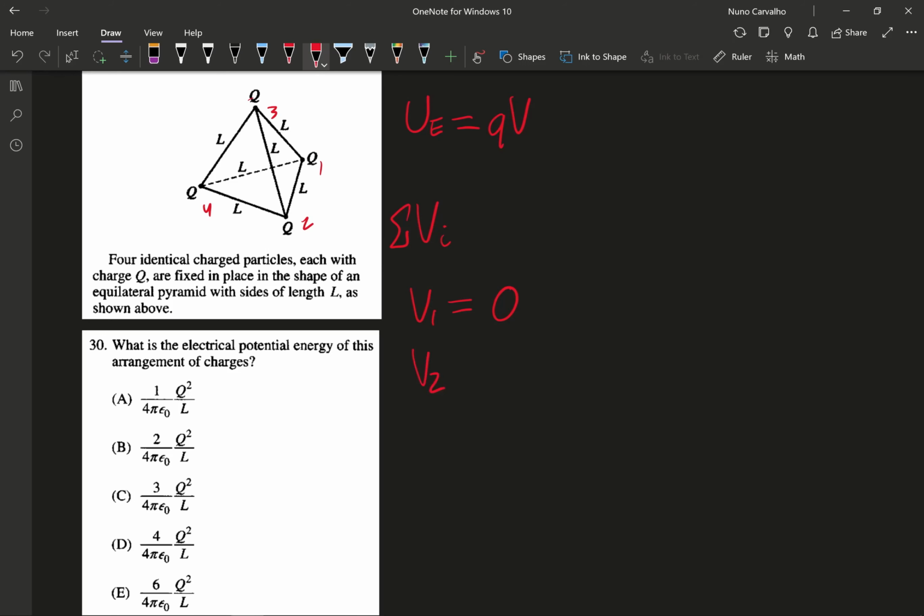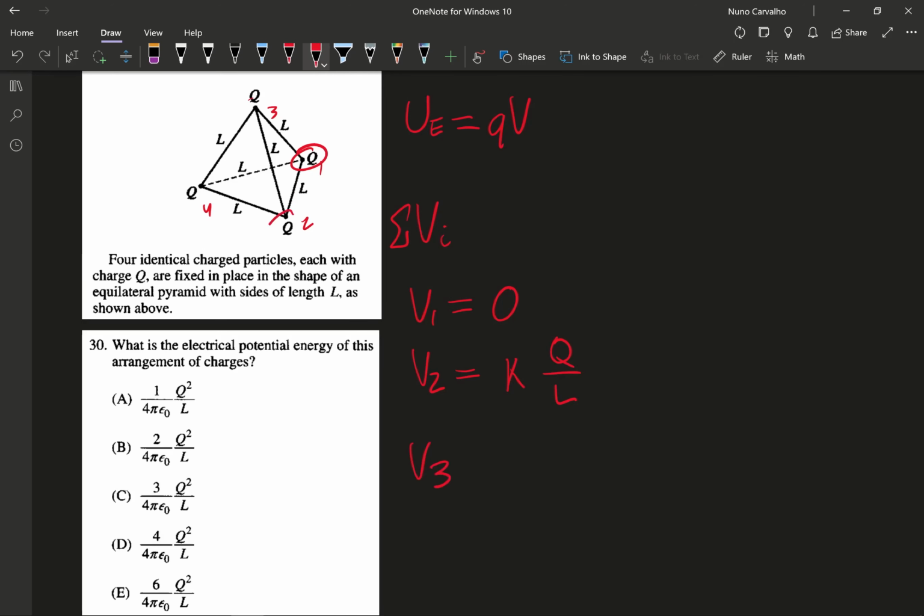The second voltage, well, now we have a charge right here, and we're bringing this one in from infinity to this place. That's going to just be a voltage of, well, we can use the point charge formula for voltage, which is going to look like this. And actually, let me just use K because we're going to be writing a lot of these. It's going to be KQ over L, where L is this distance right here. Okay, and so that's voltage 2.